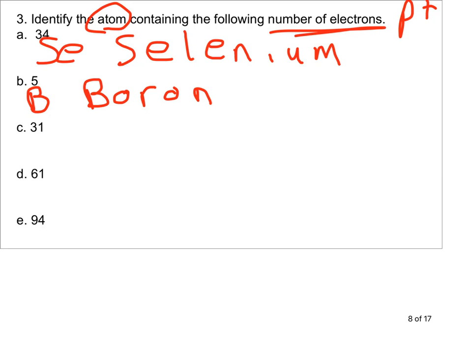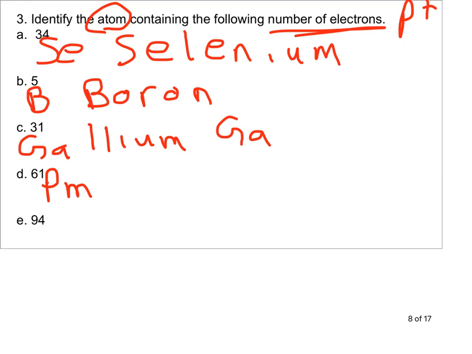C, number 31 is Ga, gallium. 61, we have Pm, which is promethium.